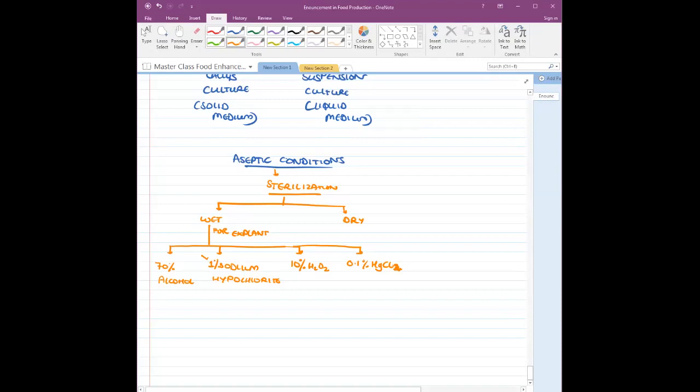But for your dry sterilization, what are we going to do? For dry sterilization, guys, we are going to make use of something like your cooker. Like how we have cooker at our places, it is going to increase the temperature, it is going to increase the pressure.